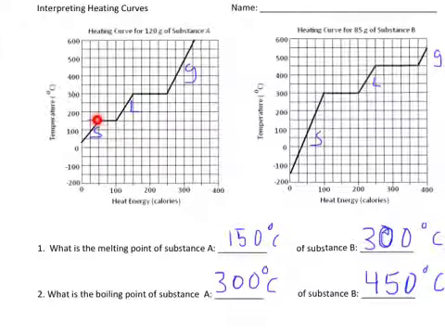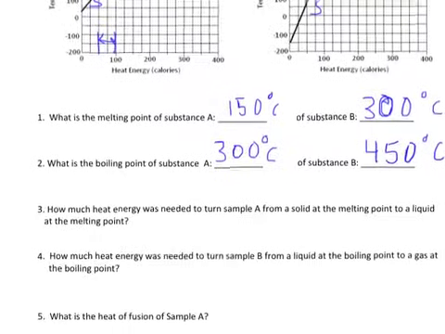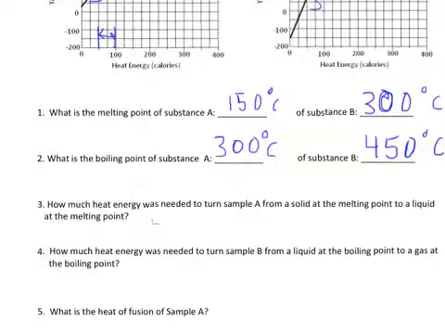So what is the energy difference between here and here? So I come down here, that is 50 and that is 100. So the difference between here and here is 50 calories. So let me go ahead and write that in. The answer there is going to be 50 calories.